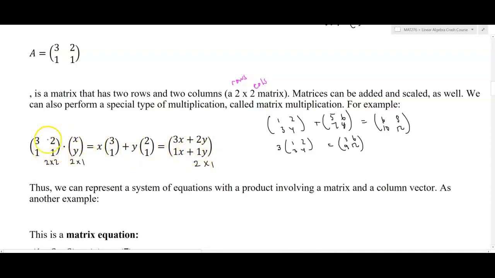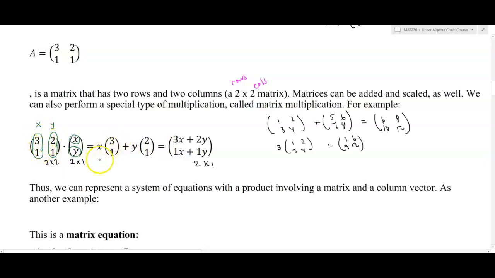And the way matrix multiplication takes place in a visual form is the elements of the second matrix multiply or scale the vectors of the first matrix. If you were to tip over this vector on top, you would see that the x is going to multiply the first column, the y is going to multiply the second column, and then by definition, we're going to add those two together.